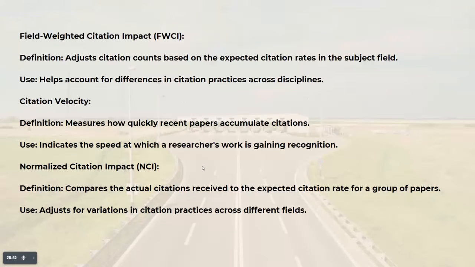All of these are citation metrics. When we analyze the citation metrics, we have to analyze all these parameters, and based on them we can say whether this is a good journal or a good article.